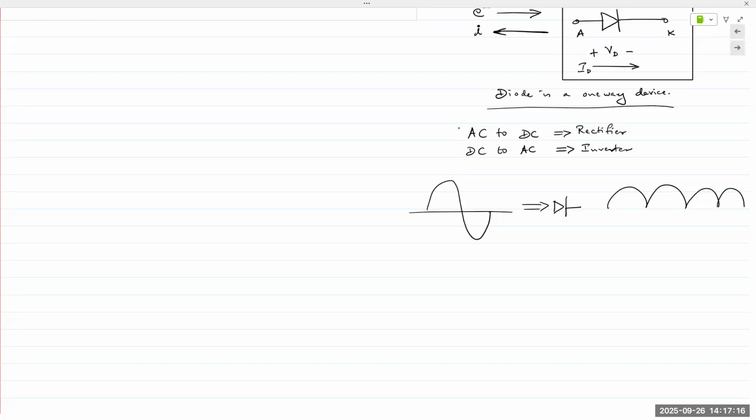And then we add a few more components to it and you flatten it out. So the first circuit is a diode rectifier circuit. And that's the most common application for diodes.